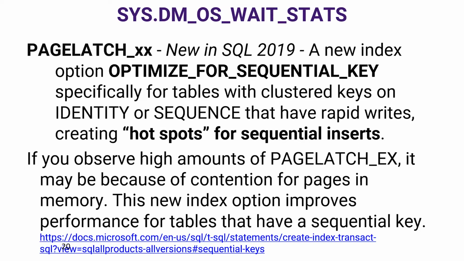And as a result, you have rapid writes that don't create fragmentation, but for very high scale could create hotspots where that write is competing for the same page with other writes. If you observe high amounts of page latch exclusive, the EX type, it may be because of this contention for pages in memory, and there is that new index option, OPTIMIZE_FOR_SEQUENTIAL_KEY, that can help reduce this. There's a link there, and there's lots more information online, but this is coming, and this is definitely something I'm going to be putting on a lot of my tables using that default pattern.